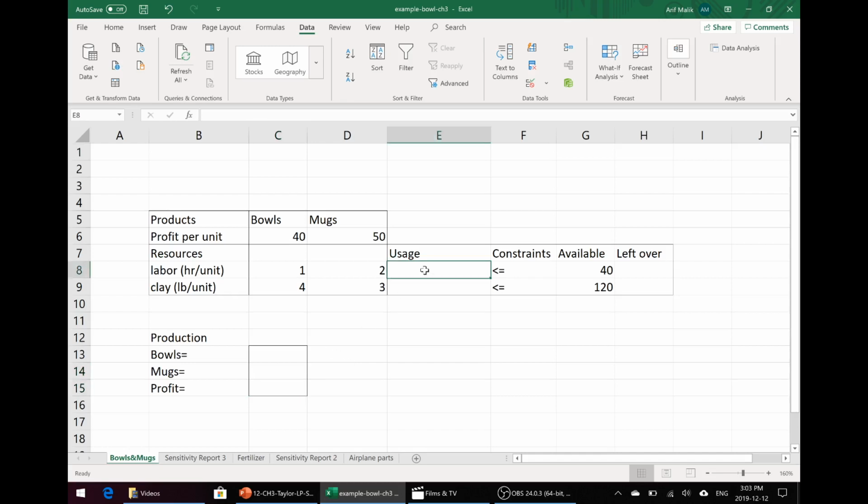Now here we will give the formulas. This is our x1 and this is our x2, the number of bowls and number of mugs.